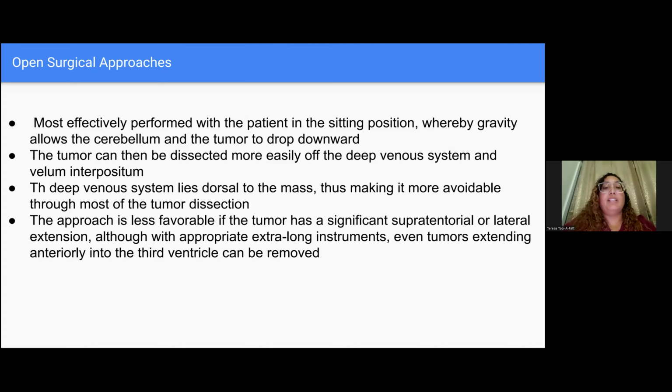The deep venous system lies dorsal to the mass, thus making it more avoidable through most of the tumor dissection. The approach, though, is less favorable if the tumor has a significant supratentorial or lateral extension, although with appropriate extra long instruments, even tumors extending anteriorly into the third ventricle could be removed.